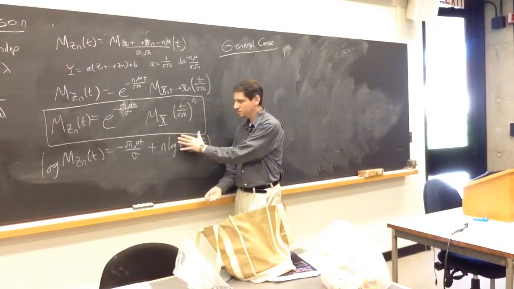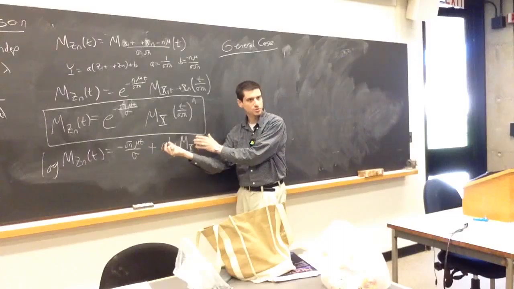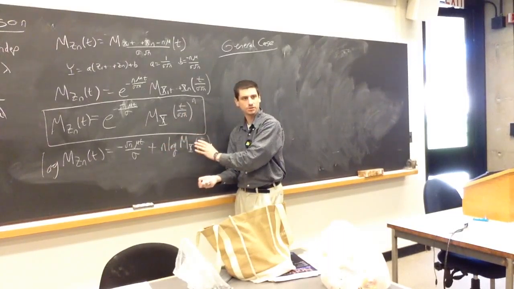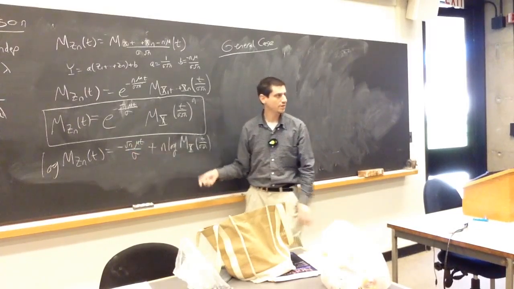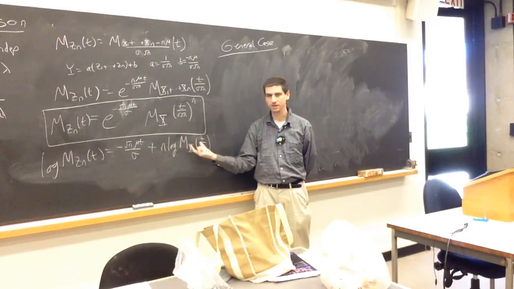So we expect this term to be going to 0, but we're multiplying by n, which is huge. So because we're multiplying by n, there's a chance for this not to go to 0. It better not, because we've got a huge thing here going off to minus infinity. So we have to do a more delicate analysis of how this balances with that. We're going to Taylor expand this.